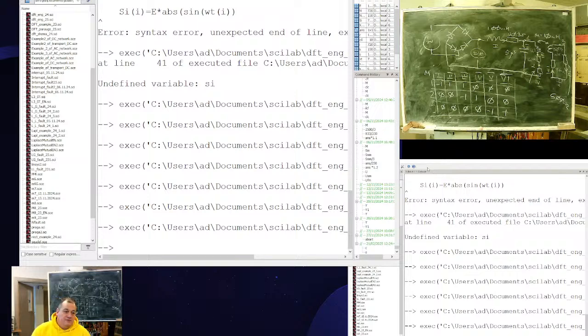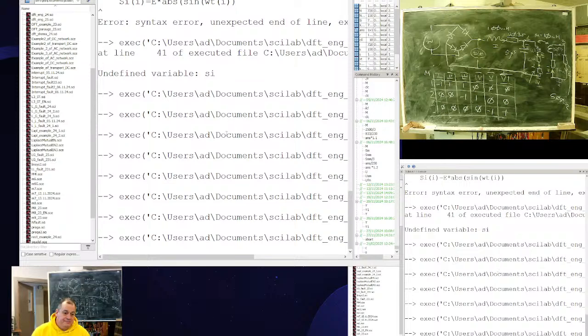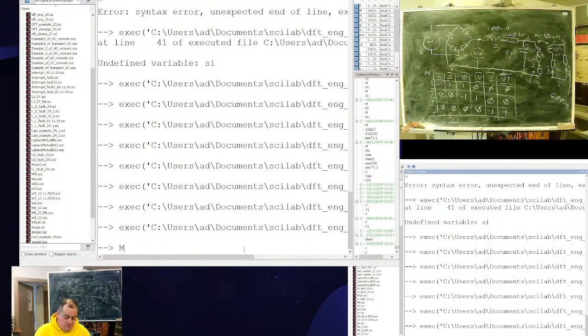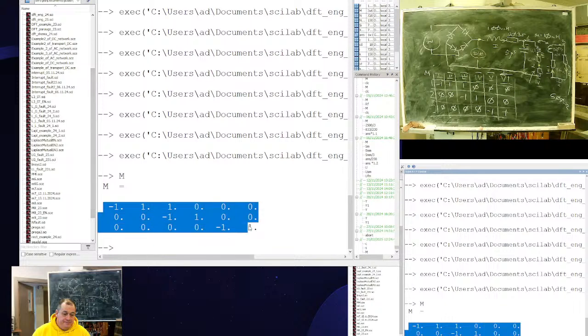I will not leave it like this. I will use my computing environment to make it more comfortable. Is it clear how I created this matrix?